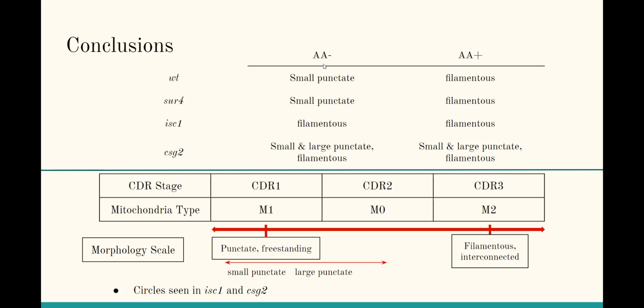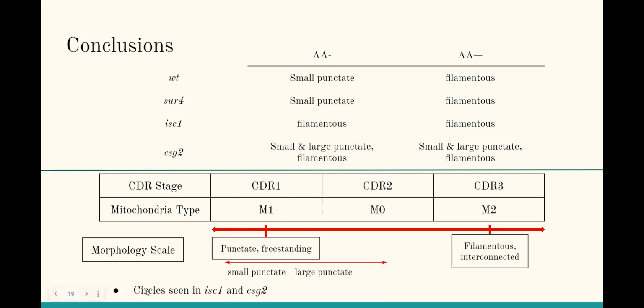And then for the non-acetic acid induction, we could see that maybe these were in CDR1. And again, this is at the very beginning, and so we're not sure how far the mitochondria extend into wakeful activity for punctate and freestanding. And then filamentous for ISC1, so maybe it could be in CDR3.